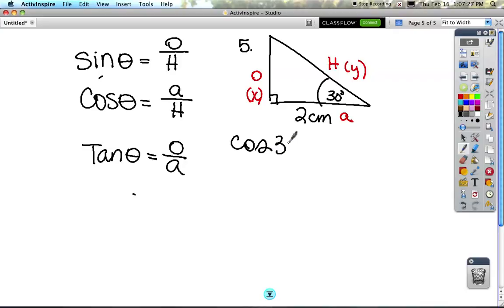So cosine of 30 equals adjacent over hypotenuse, which I'm going to label as Y. What would I do? Times Y. So that's going to be Y cosine 30 equals 2. Now what? Divide by cosine 30 and tell me what you get.